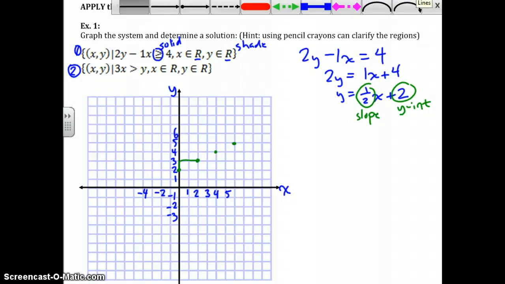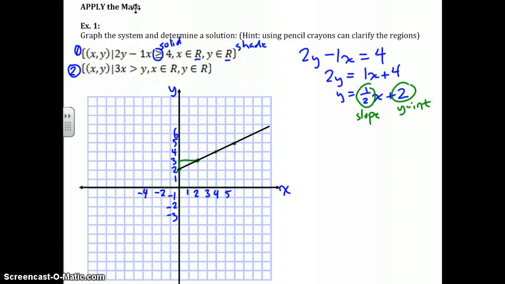And then we will graph a solid line through those points. Remember this solid line will extend fully in all directions because we're dealing with real numbers. It looks like that. And we'll put arrows on the end of that, just meaning it continues. So that's our line for that.